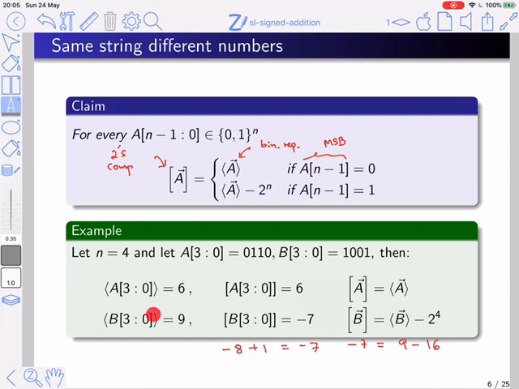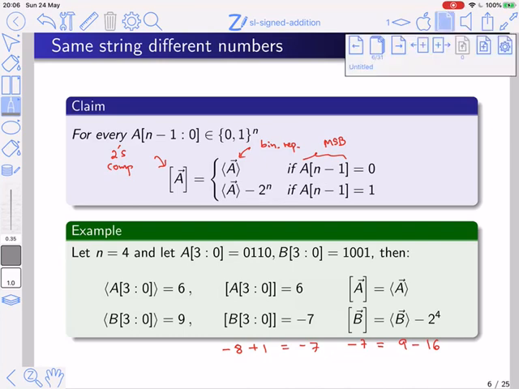Indeed, the number represented by B is 9 in binary representation, and in 2's complement representation, this bit has a weight of minus 8, and this bit contributes a 1, so we have minus 8 plus 1, that's minus 7, and indeed minus 7 is 9 minus 16, as the claim suggests.